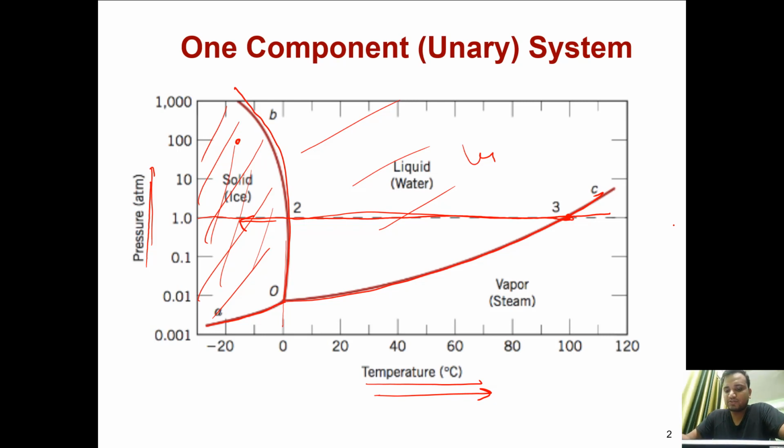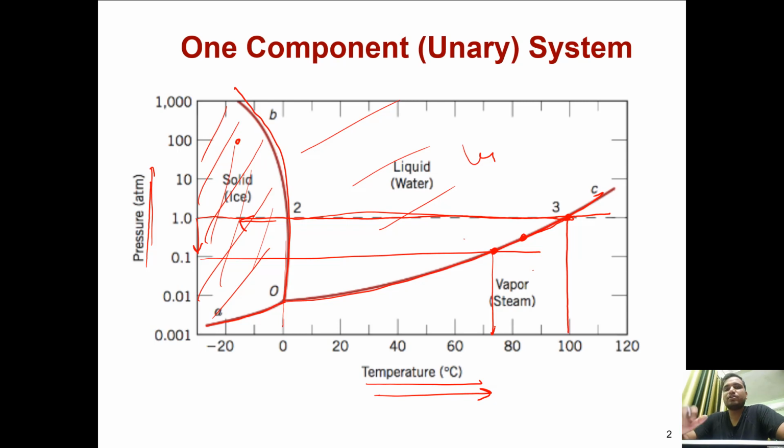You can also understand the boiling point of water, where we are converting from liquid to vapor. It is 100 degrees centigrade at 1 atm, that is the pressure. Now suppose I reduce the pressure, going down. The temperature at which the liquid becomes vapor decreases. That means we can boil the liquid at lower temperature.